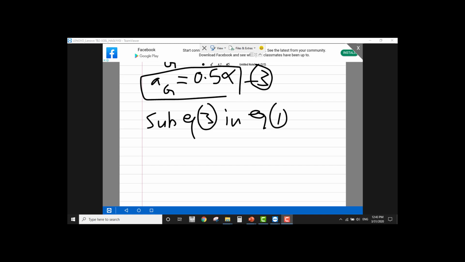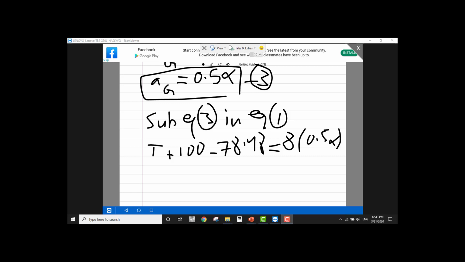So equation 1 becomes T (tension) plus 100 minus 78.48 equals 8 multiplied by, instead of a_G, I write 0.5 alpha.